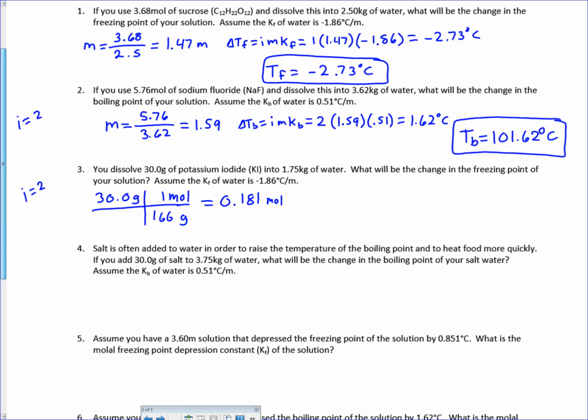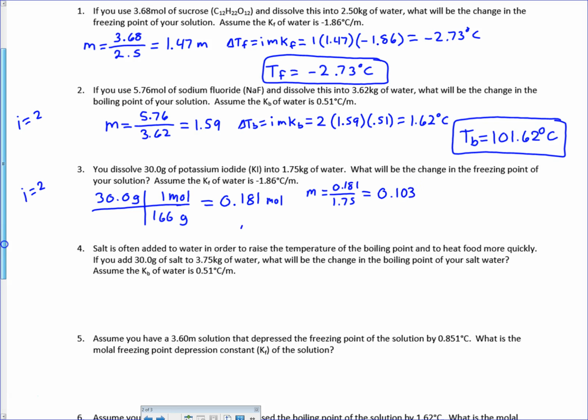And then we'll have our molality equals 0.181 over 1.75 because it said 1.75 kilograms. You divide those, you get 0.103 for your molality.